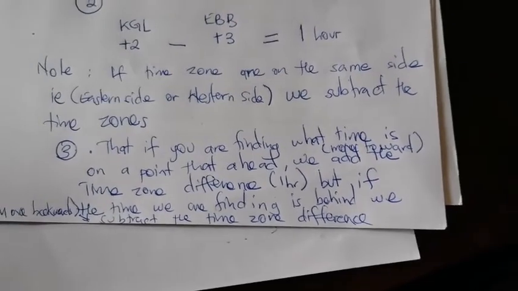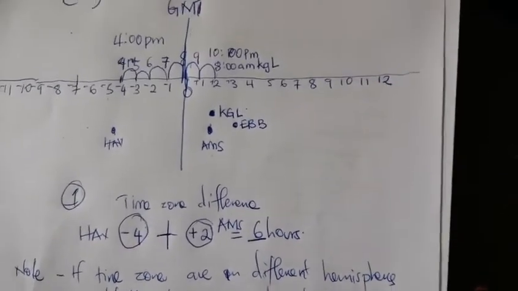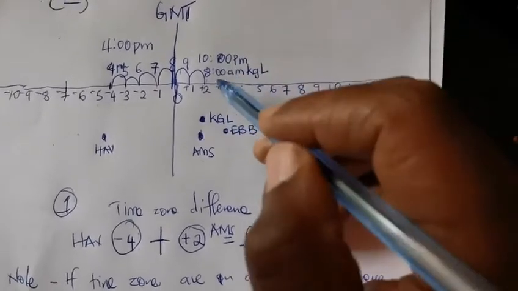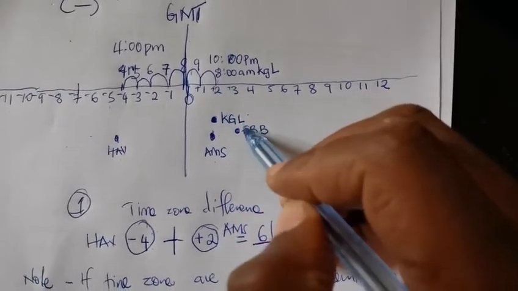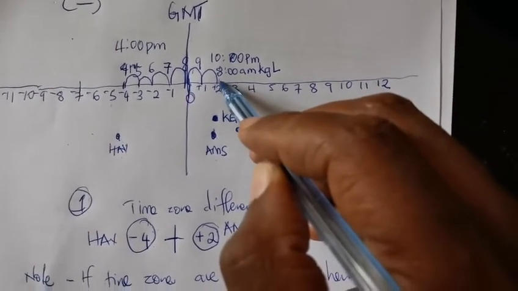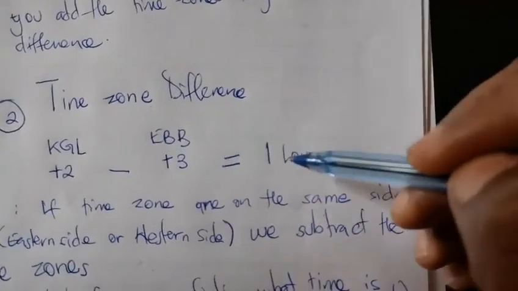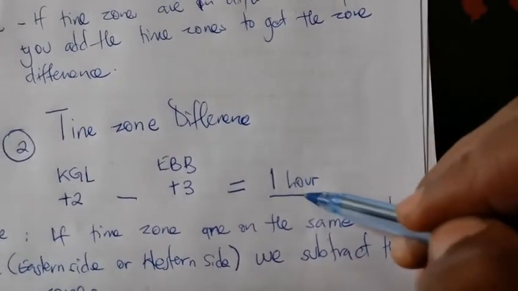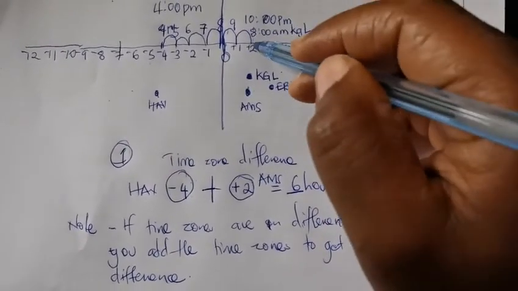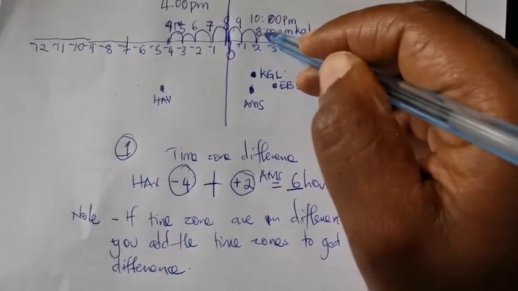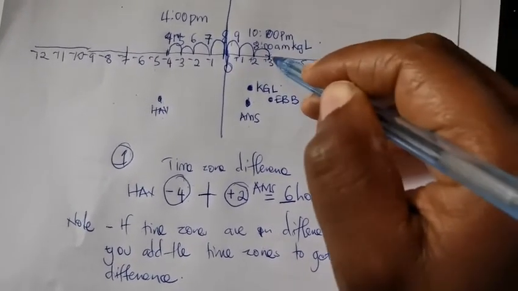Okay, so now in this case, the time we are trying to find is ahead. We are trying to find the time at EBB when it's 8 a.m. in KGL. So the time zone difference that we get, the 1 hour, we add, or we move forward. If we move forward to +3, what do we get?